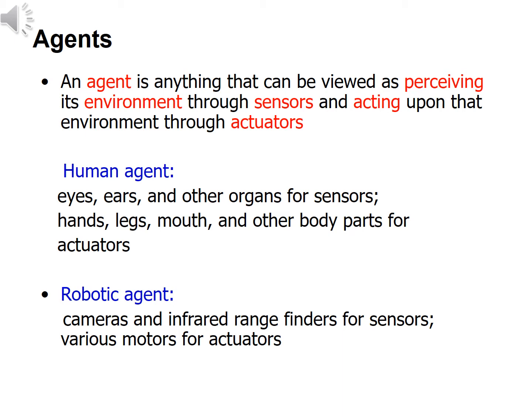Imagine that you had this incredible computer capacity to model it, then you would basically say that the eyes, ears, and other organs of the human are human sensors, and you have actuators such as hands, legs, mouth, and other body parts. In robot agents, you have cameras and infrared range finders for sensors, various motors for actuators, as we have mentioned previously.